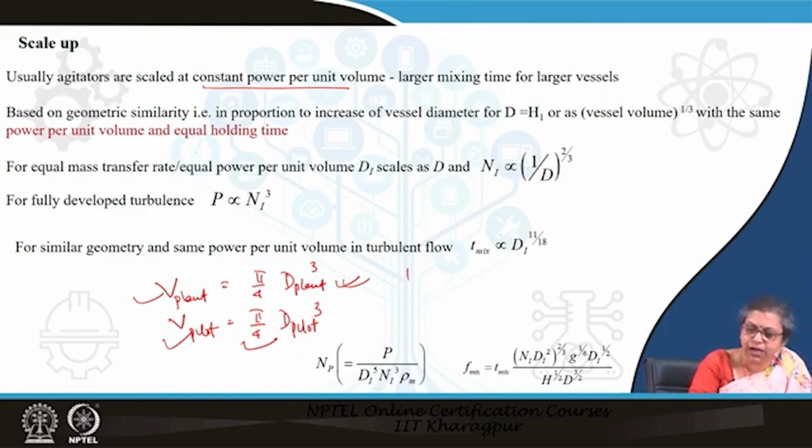Once we know d plant, as I have told you, we usually assume this to be equal to the height of the vessel in the actual plant.